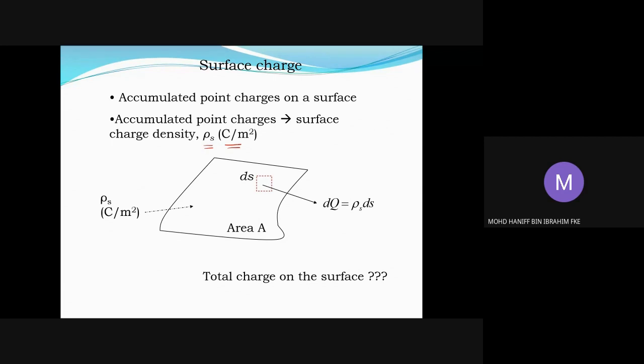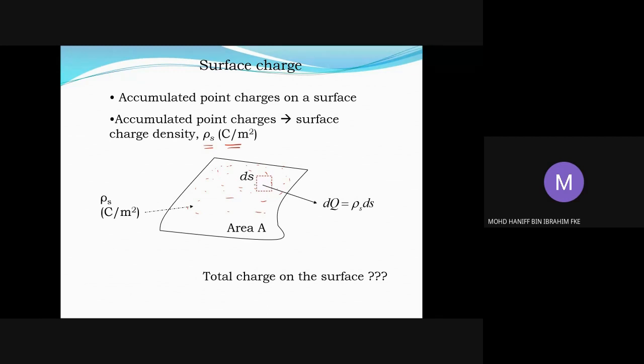Looking at this particular structure where we have the area, we can see that this area of A is filled with charges, the point charges.